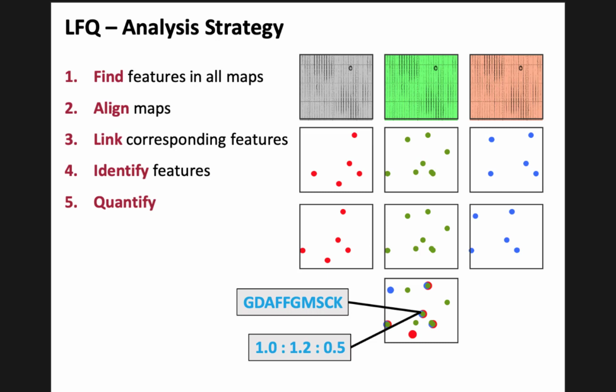Yes, please. Would alignment of the maps fail when you have PTMs? No, because you would see the PTMs as distinct features. It depends a bit on the PTM that you have, but for phosphorylation, for example, it uses a different charge and a different mass. So it would shift the feature in mass by 98 Dalton.